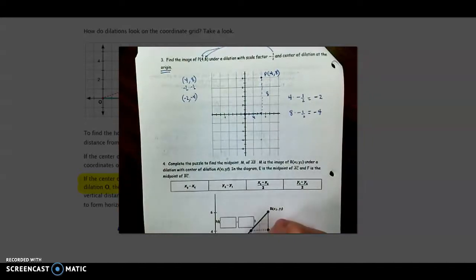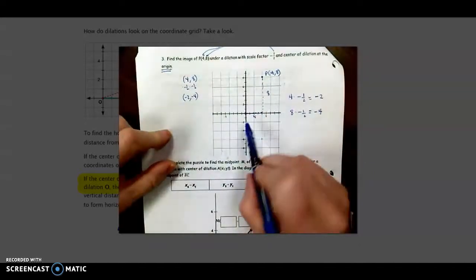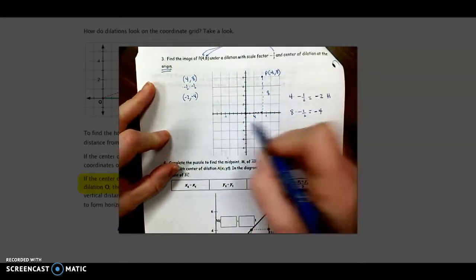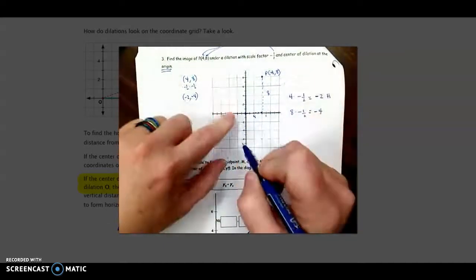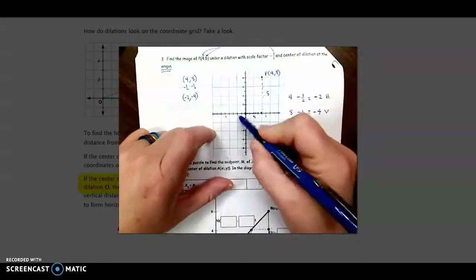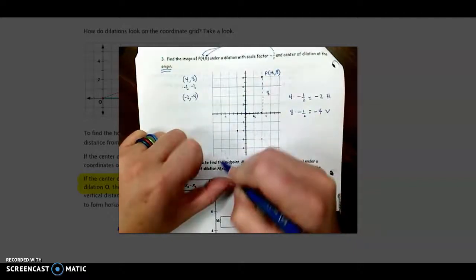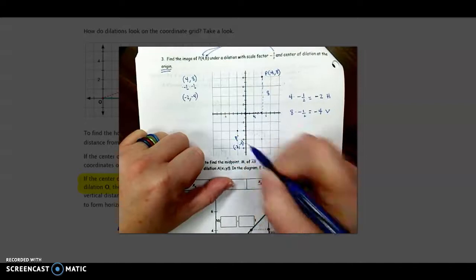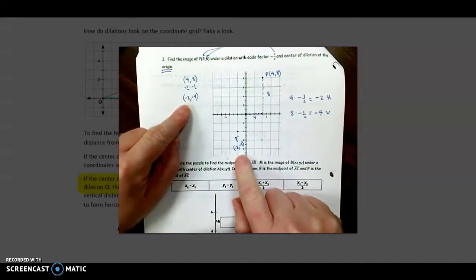So that just tells me to go the other direction. Instead of going 4 units to the right horizontally, I'm going to go 2 units to the left. And then instead of going 8 units up vertically, I'm going to go 4 units down vertically. So here is my image point located at -2, -4, which I already knew it was going to be anyway.